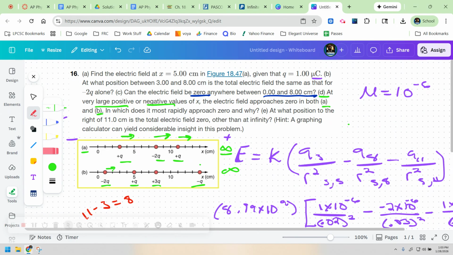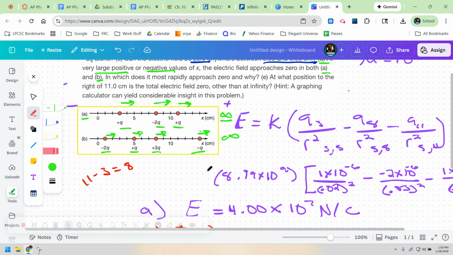So this is going to go this way, but it's a negative charge. This is going to go this way, but it's a positive charge. So you're going to have some issues here. This is a positive charge, so it goes this way, but it's going to have an interaction here. And then this is a negative charge, even though we're focusing on the test charge, but there's some interactions here. So if you kind of do the math on that, this one would approach quicker. So, but it's no for both.